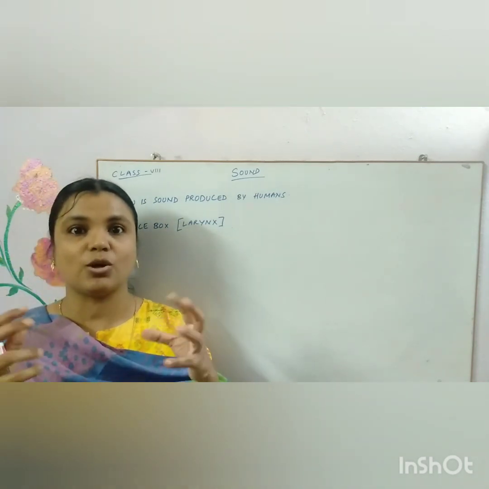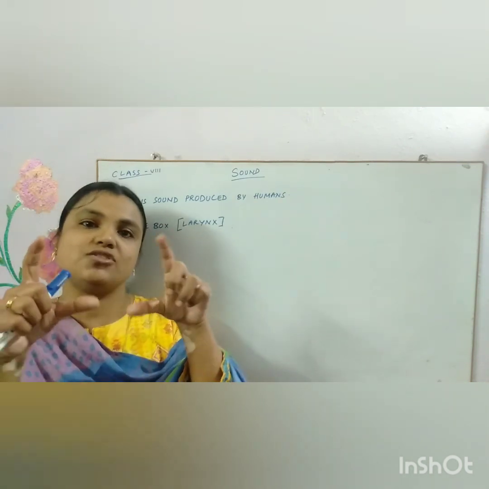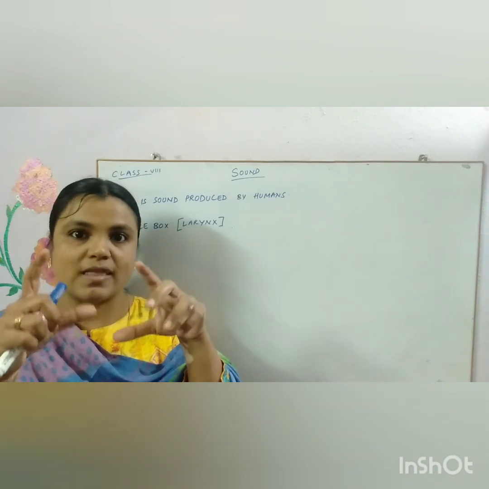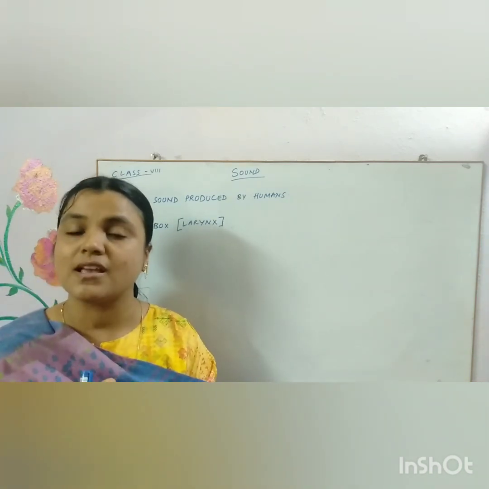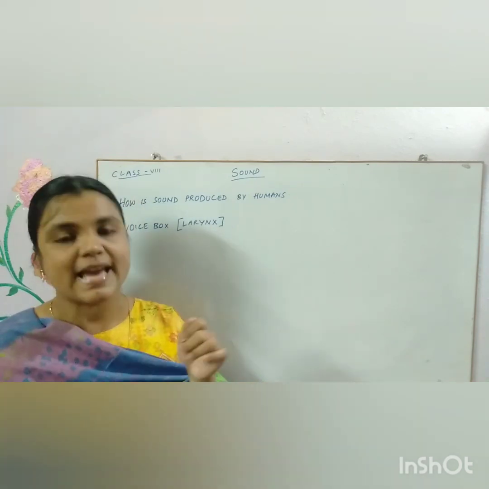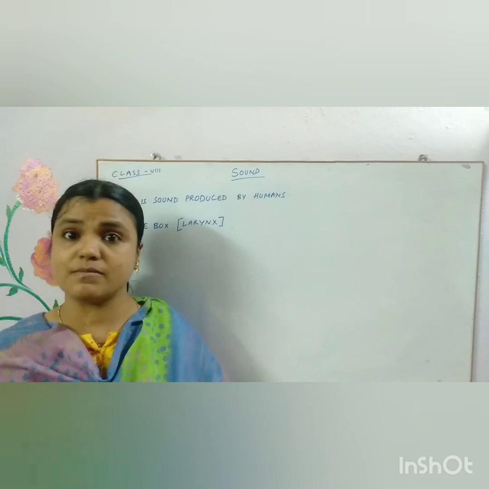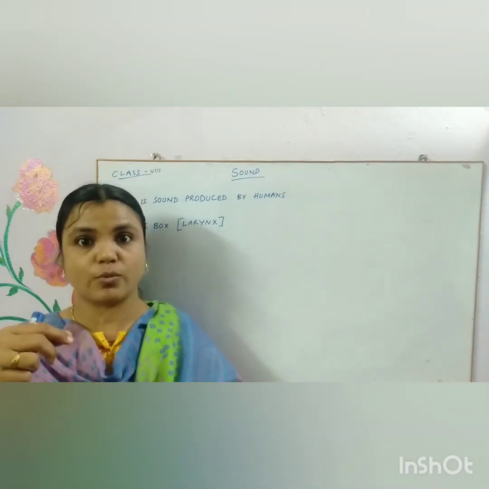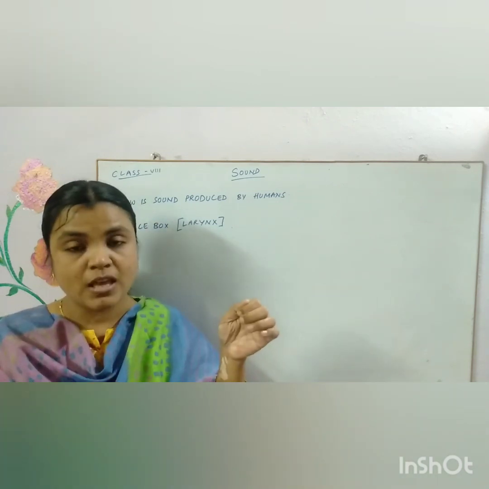See, these muscles can either stretch the vocal cords or make them loose. So just see one rubber band. When I stretch the rubber band, what happens? The rubber band becomes tight as well as thinner, right? When the rubber band is stretched, it becomes tighter and thinner.